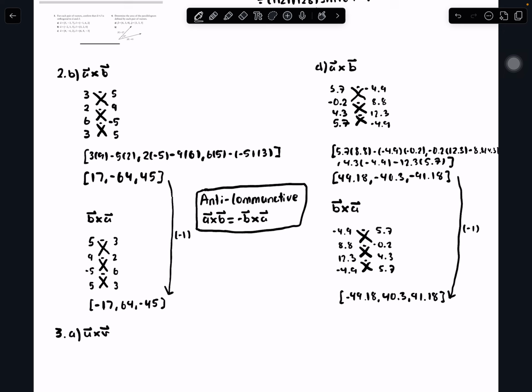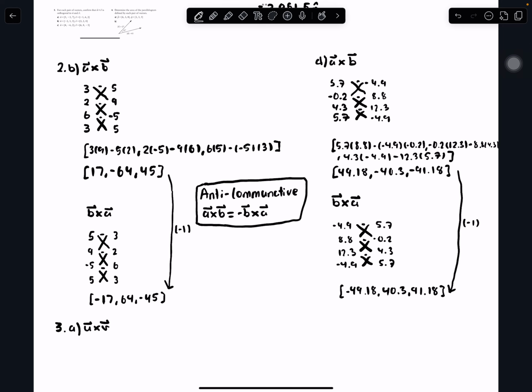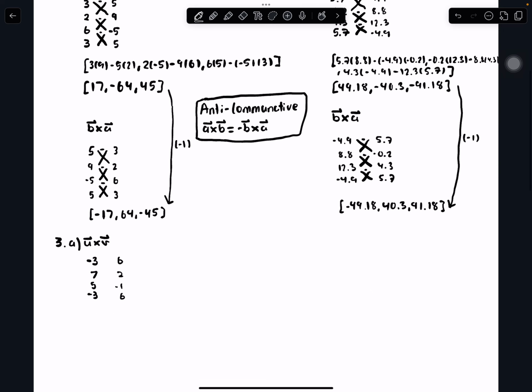Okay, so U, I'm going to write the vector U as -3. Start from the second component, -3, 7, 5, cycling back to the second component, -3, 7, 5, -3. Same thing for V, start from the second component, 6, 2, 6, 2, -1, 6. Beautiful. Cross, cross, cross, cross, cross, cross. Add your minus symbols if you like. I prefer to.